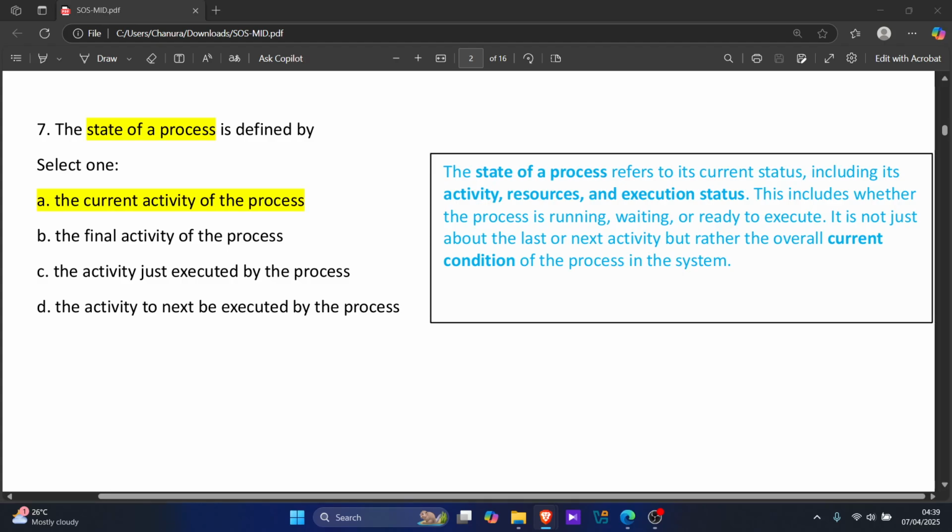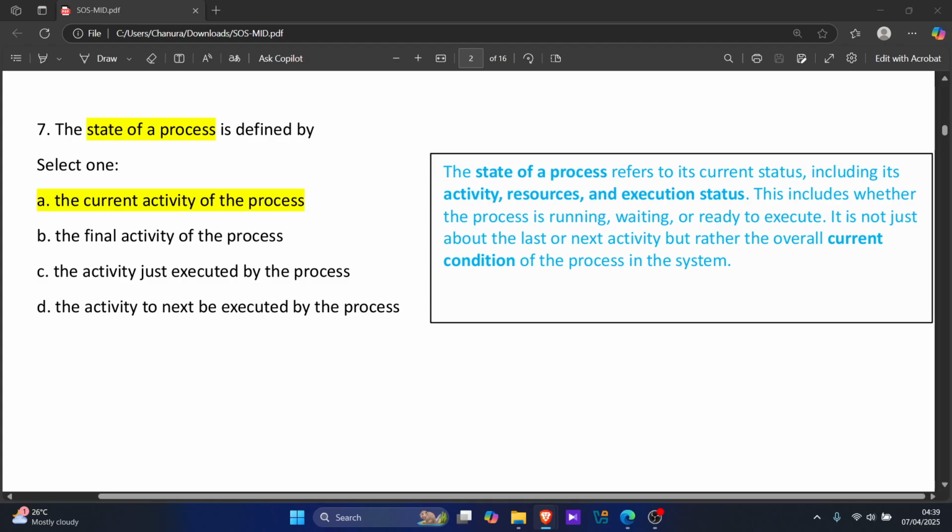However, the options here are phrased in terms of activities. The question's explanation says it's not just about last or next activity but the overall condition. So perhaps the answer is A, the current activity, because that's part of the overall current condition. Or maybe none of the options are perfect, but A is the best choice.